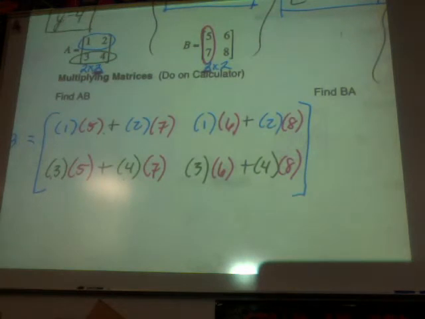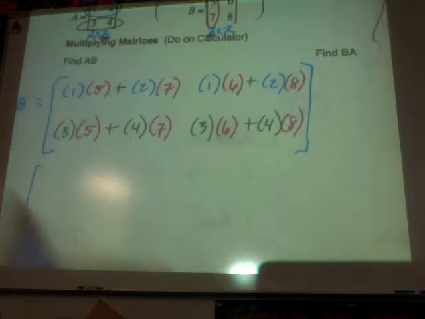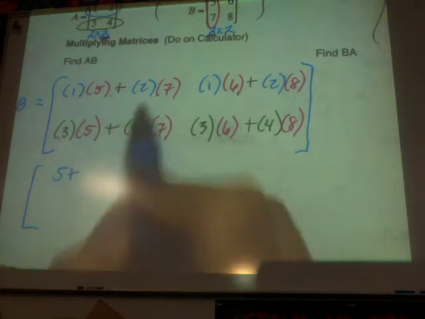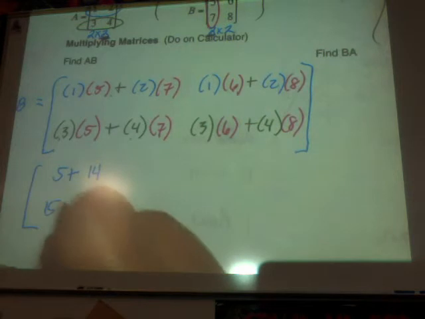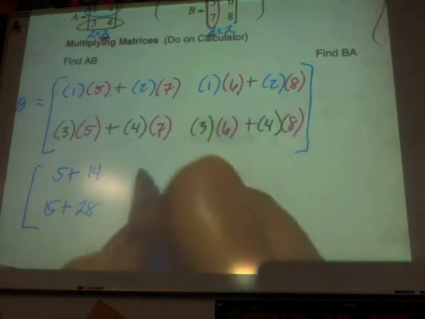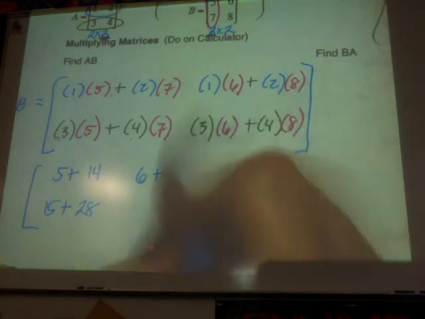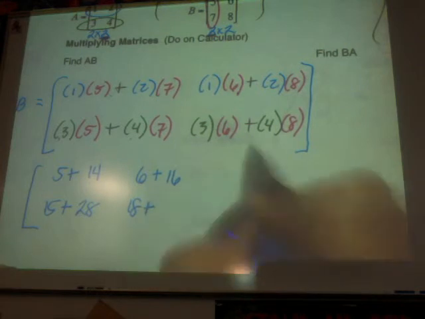And so I end up with: 1 times 5 is 5, plus 2 times 7 is 14; 3 times 5 is 15, plus 4 times 7 is 28; 1 times 6 is 6, plus 2 times 8 is 16; 3 times 6 is 18, plus 4 times 8 is 32.